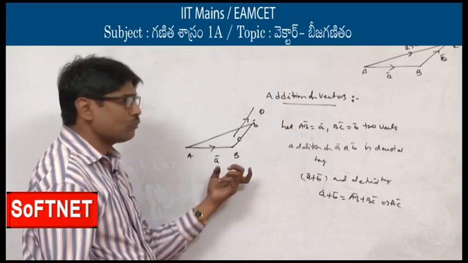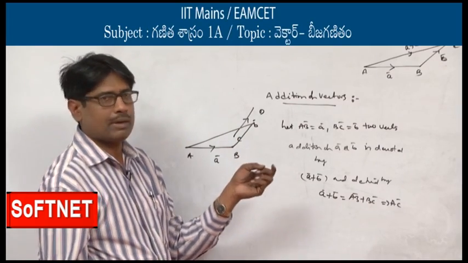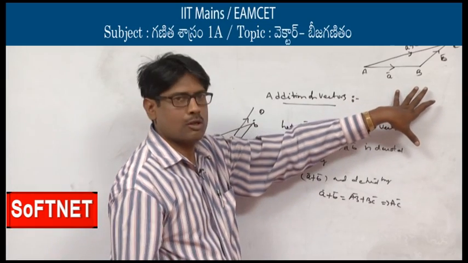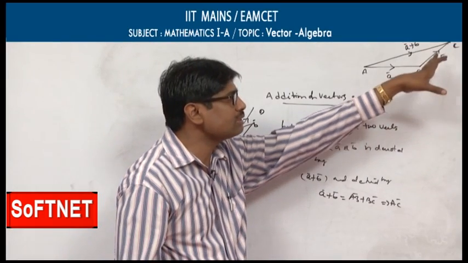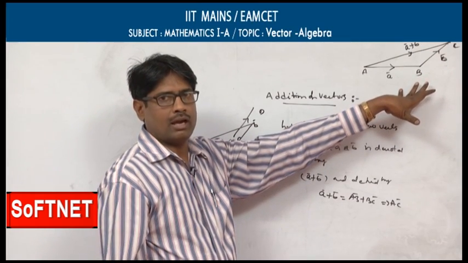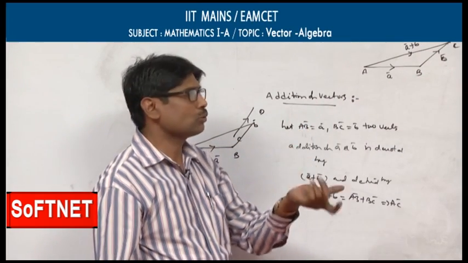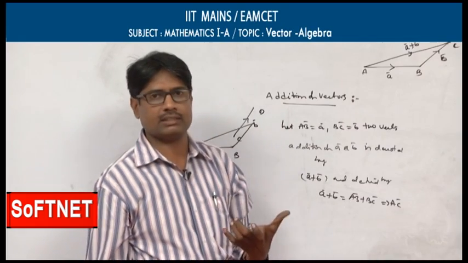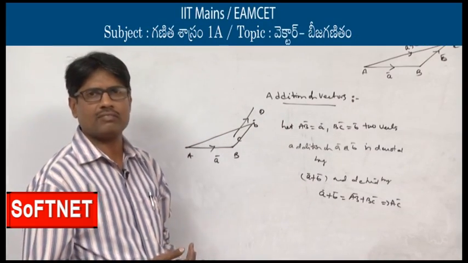So to add two vectors, one thing to remember: the first vector's terminal point should be coincident with the second vector's initial point. And the addition of vectors we also call the triangular law of addition. Why do we call it triangular law of addition?